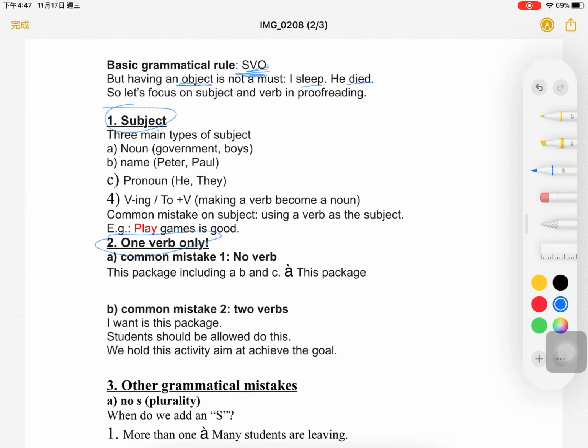You have to get the subject and verb correct in order to have a correct sentence. One sentence is from one full stop to another full stop. For every sentence you have to have one subject and one verb.